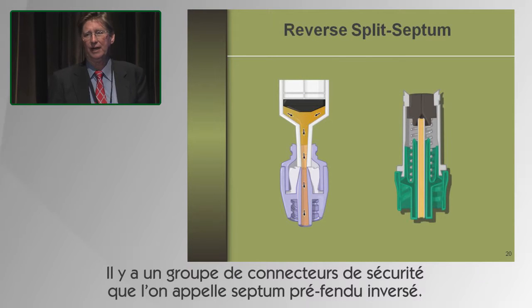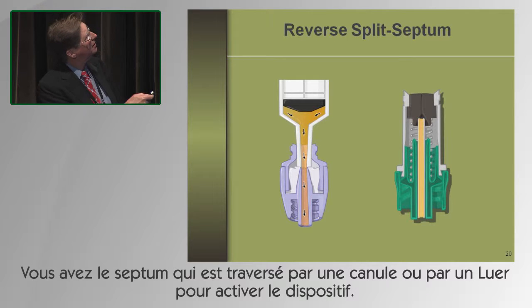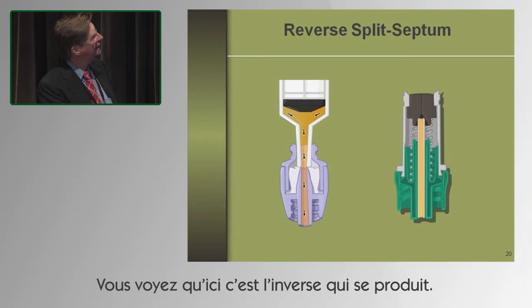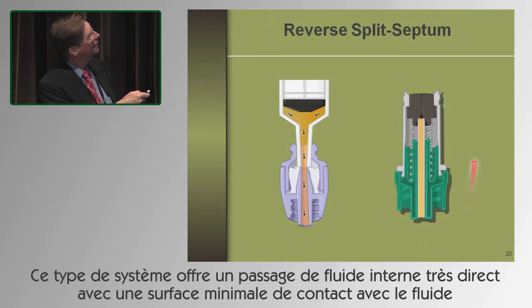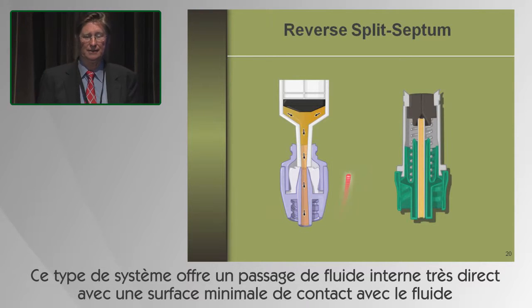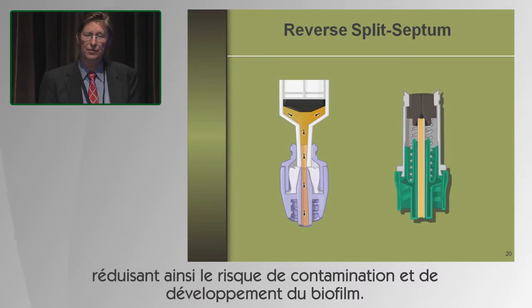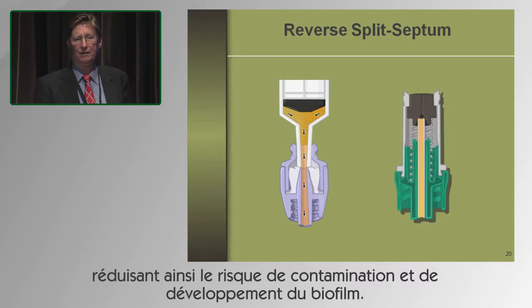So we have a group of catheters that have what's called reverse split septum. So instead of having the septum up here and activated through either a blunt cannula or luer access, it's now the reverse. But these provide a very direct fluid path with minimal area that fluid contacts, therefore reducing the risk of biofilm development or contamination.